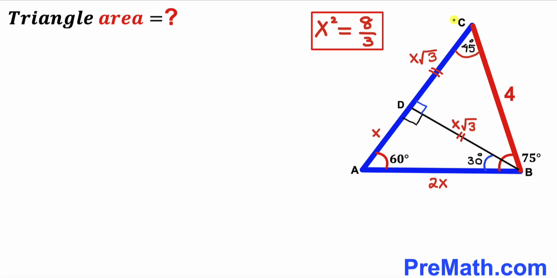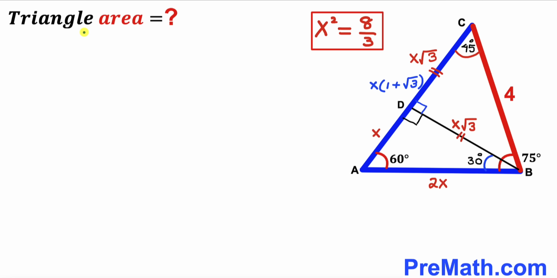Now let's focus on this side AC, which is the sum of these two individual lengths x and x times the square root of 3. So we can write x plus x times the square root of 3 for the side AC length, and here we can see x is in common. So we could write x outside, times 1 plus square root of 3.